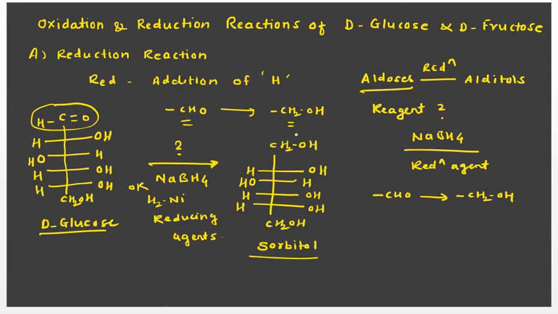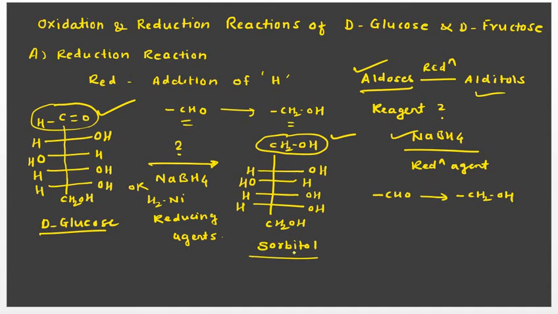So this is the change which you have to remember: the CHO group is converted into the CH2OH group. The name of this product is sorbitol. So for the conversion of D-glucose into sorbitol, the reagent required is sodium borohydride, a reducing agent. So always remember, when aldoses are reduced, they form alditols.